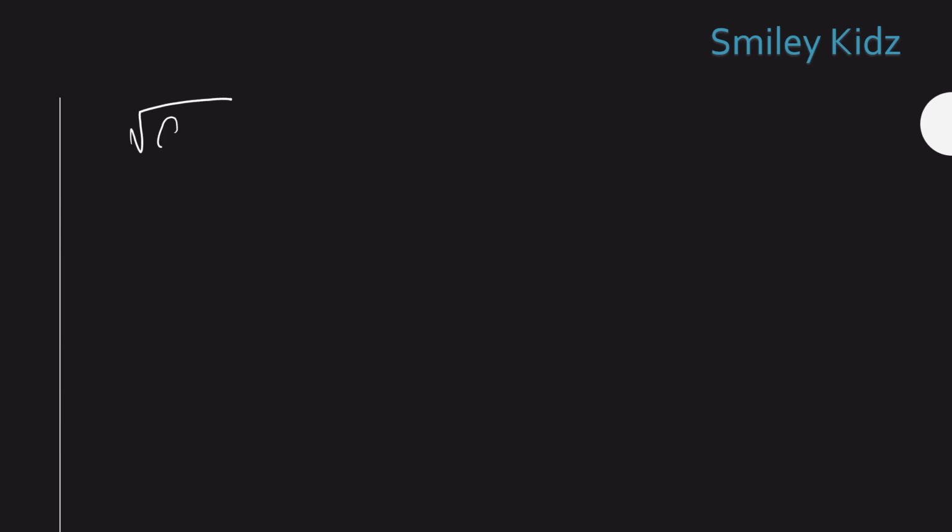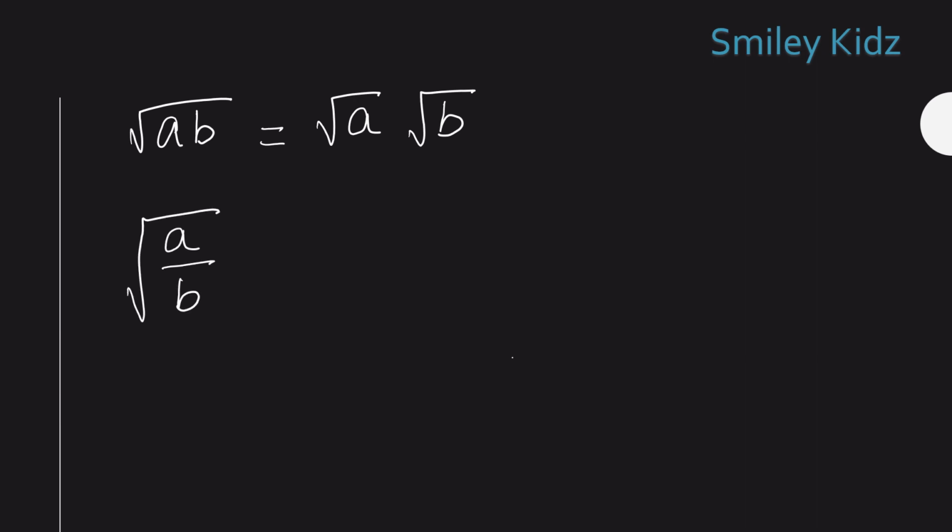Square root of ab is equal to square root of a multiplied by square root of b. Square root of a upon b is equal to square root of a divided by square root of b.